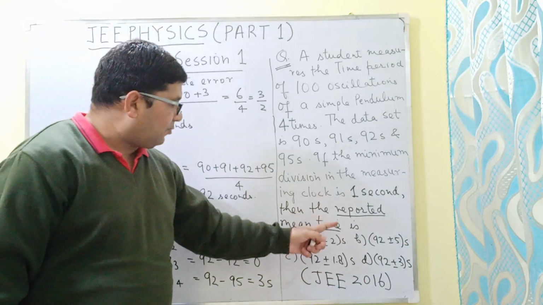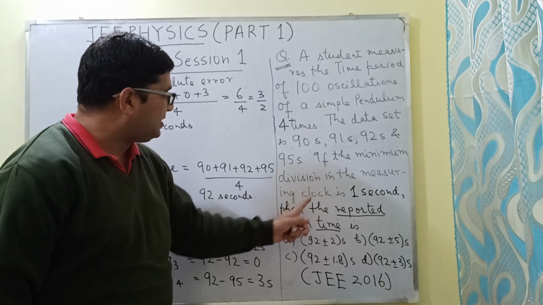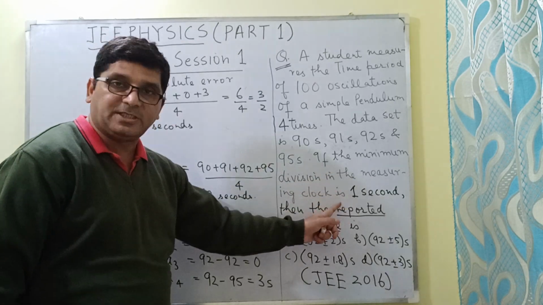Now here the minimum deviation in the measuring clock is 1 second.